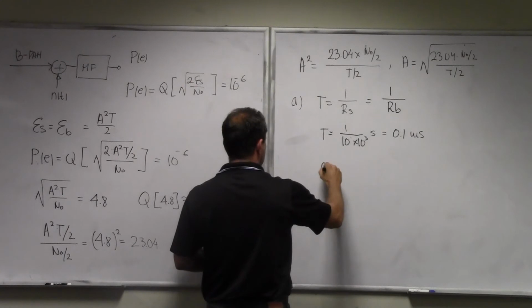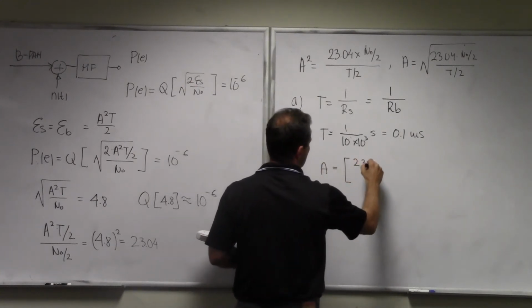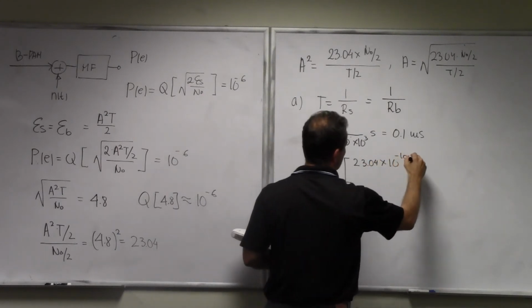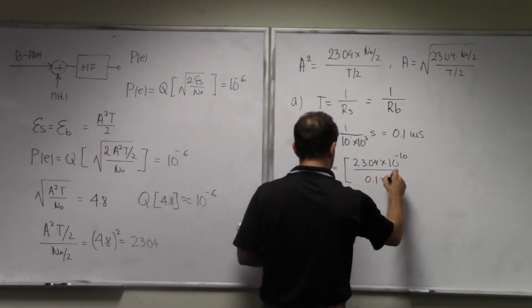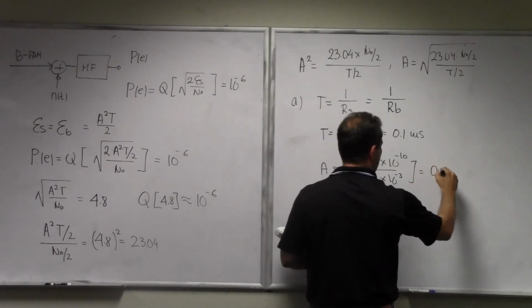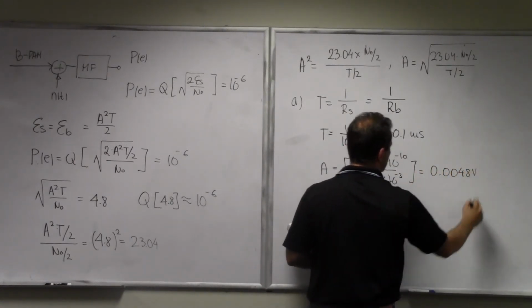I get that A is equal to square root of 23.04 times 10 to the minus 10 divided by 0.1 times 10 to the minus 3. This gives you 0.0048 volts.